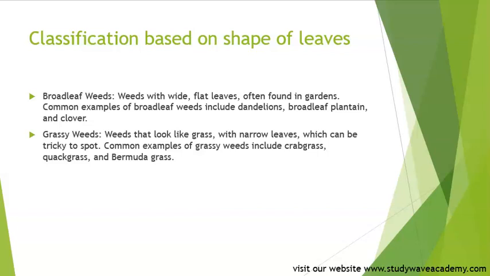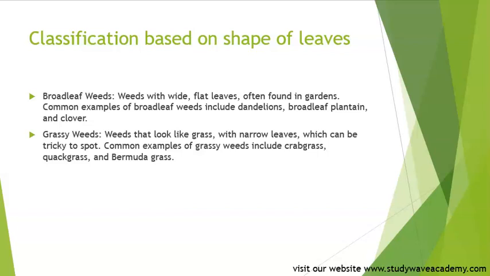Then we have grassy weeds, weeds that look like grass with narrow leaves which can be tricky to spot. Common examples of grassy weeds include crabgrass, quackgrass, and Bermuda grass. So grassy weeds are a group of plants that look a lot like grass with narrow leaves. These are the classification based on shape of leaves, the broadleaf weeds and the grassy weeds.